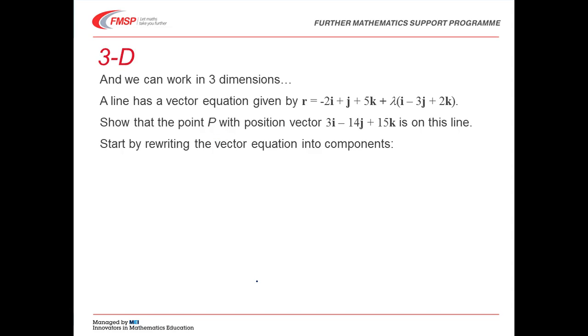We can work in 3 dimensions using i, j and k. Here I'm given the equation of a line and asked to show that the point is on the line. So I'm going to start by rewriting my vector equation in columns.